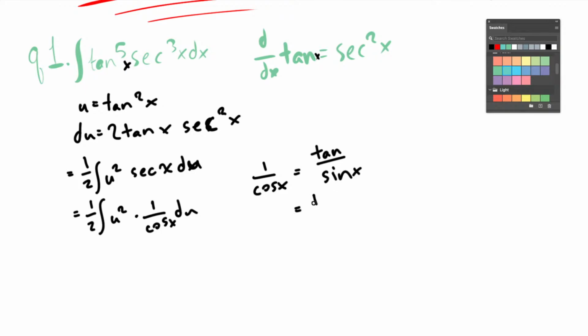And we know that tan equals u. So then that becomes 1/2 integral of u cubed divided by sine x du.